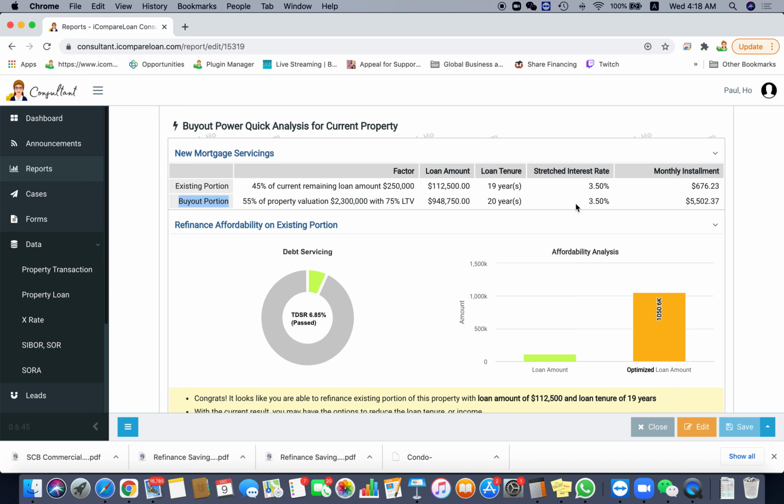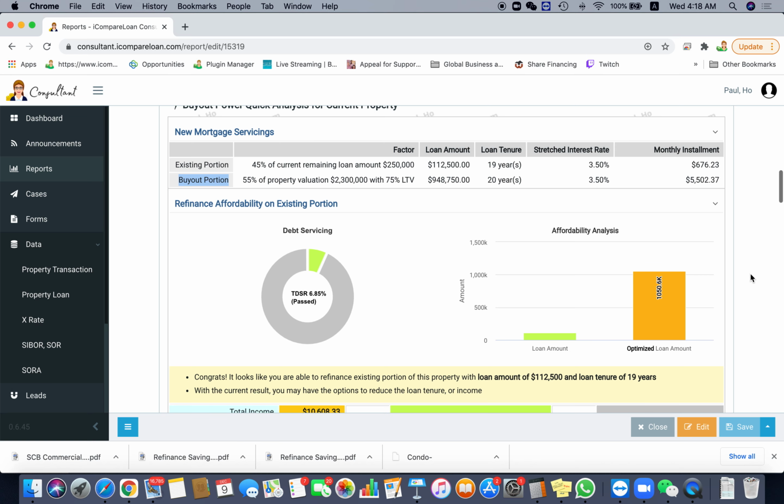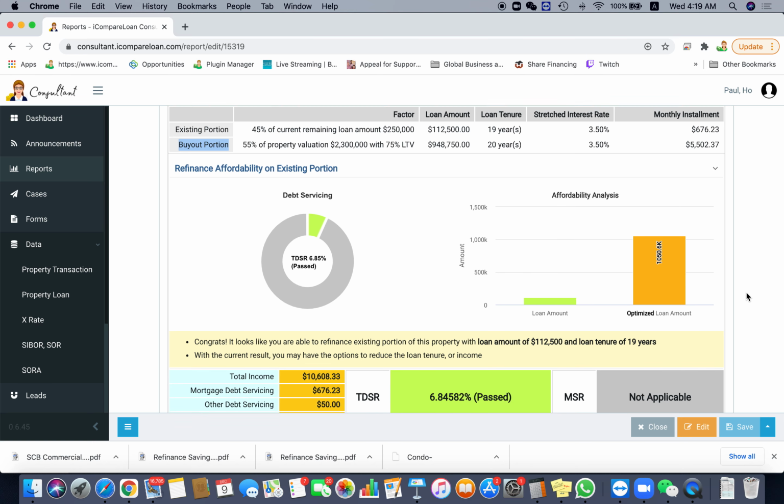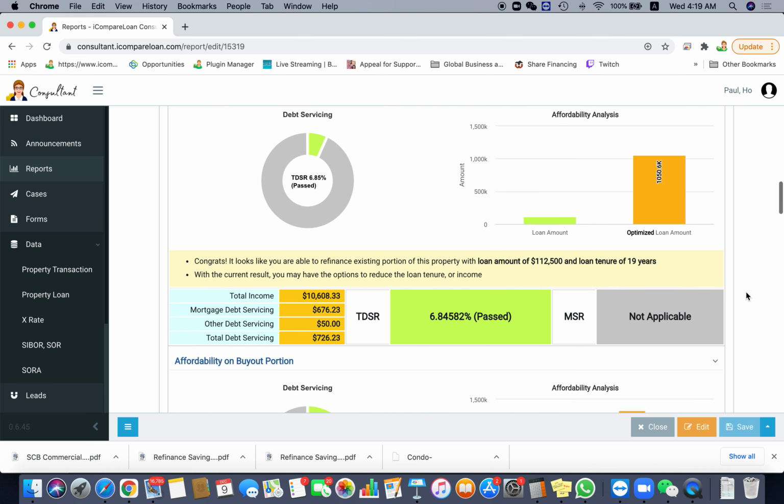It's typically the 65-year age cap minus his current age. And then this amount of monthly installment will work out to be 5,502, right? So based on that, we worked out what he can potentially afford.